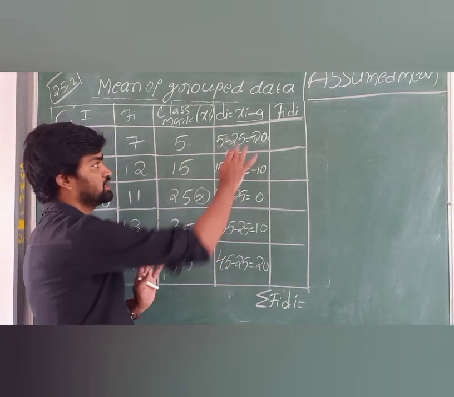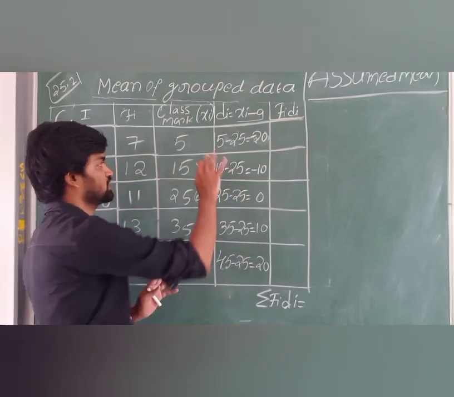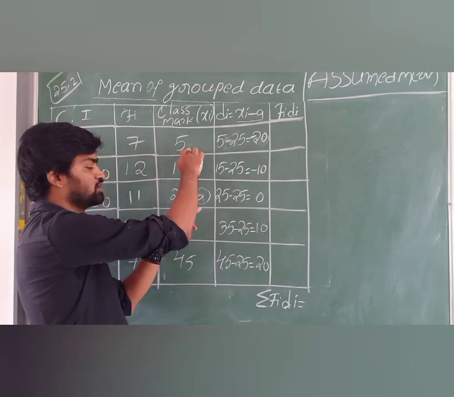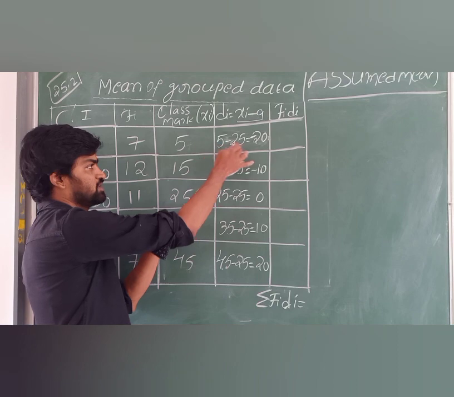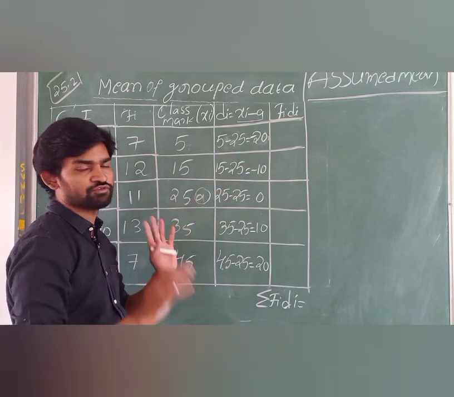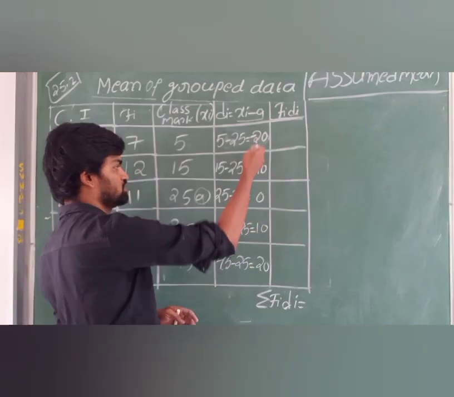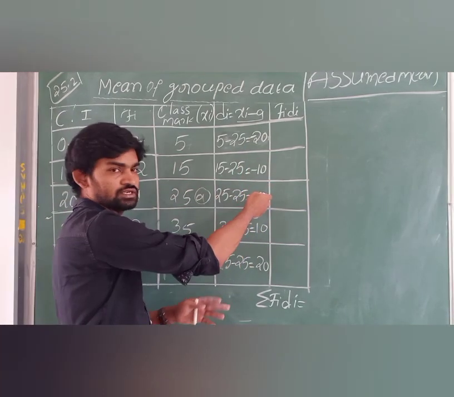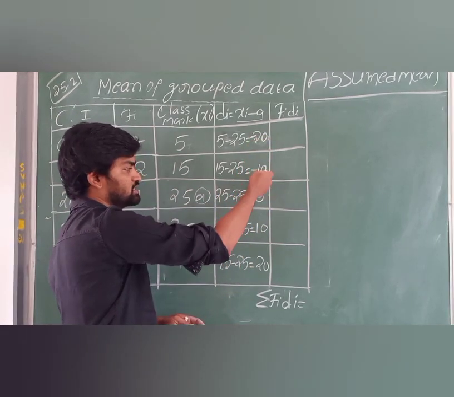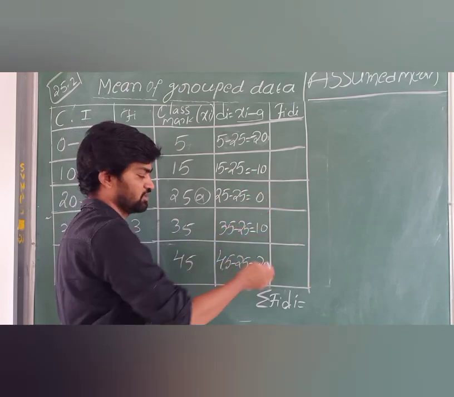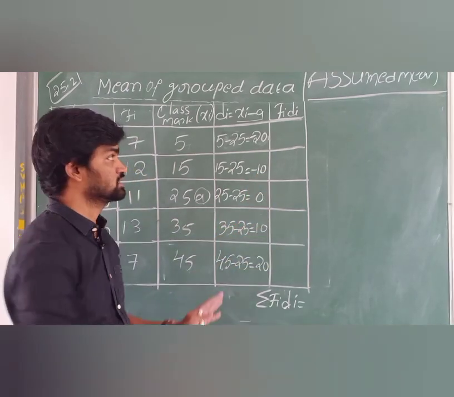So di is nothing but xi minus a. A value is fixed, that is 25. So 5 minus 25 is minus 20. If you have got minus 20, check the class interval and it increases by it. Minus 20, minus 10, 0, then 10, 20.